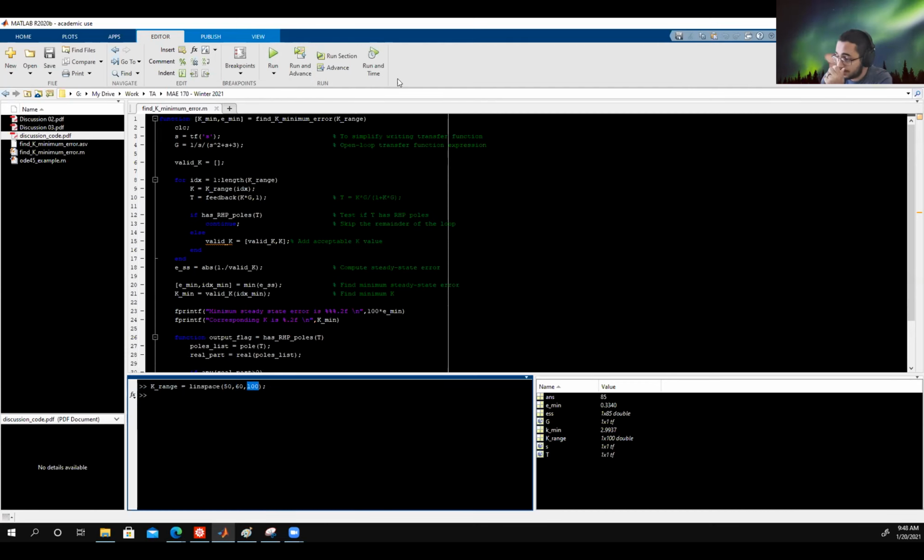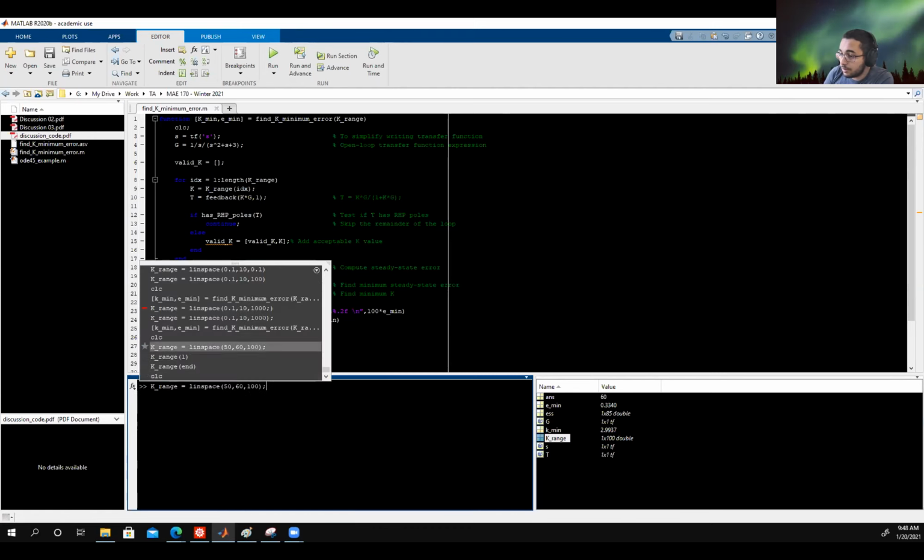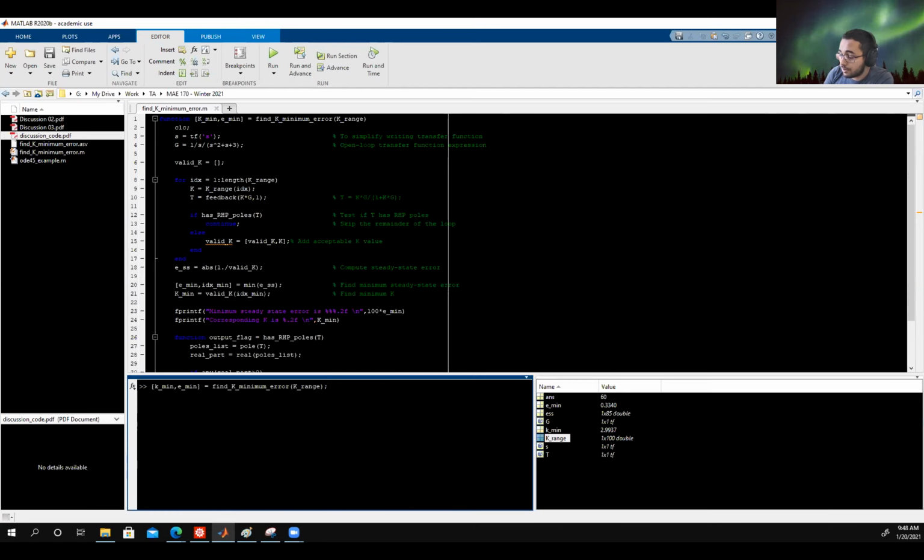Okay, so if you look at k range here, we see that k range is 1 times 100. So k range of 1 is just 50, and k range of n is just 60. So now we look at our function and we try to compute this, right?